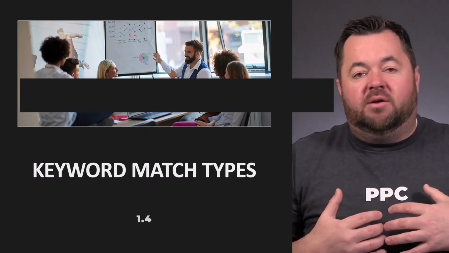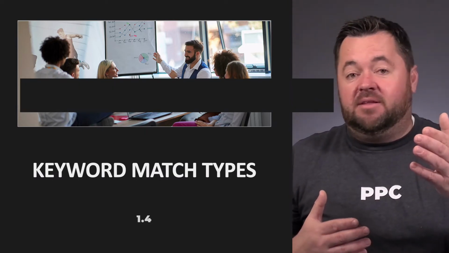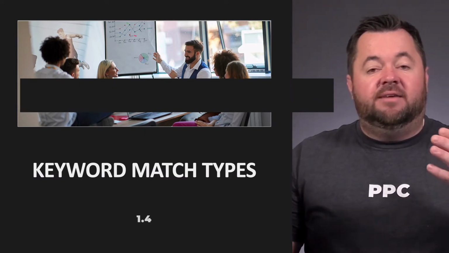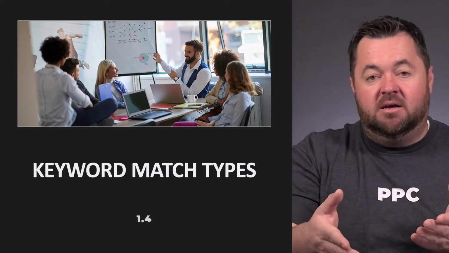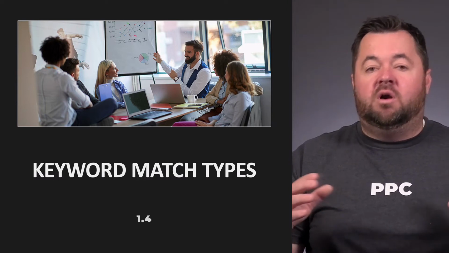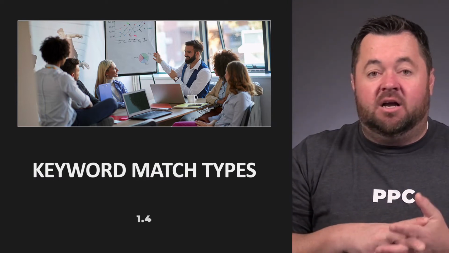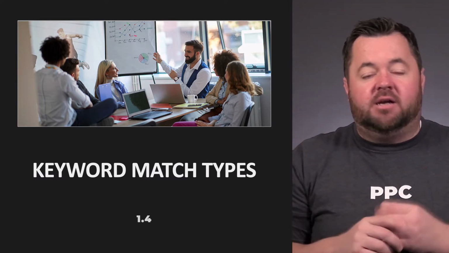What I don't like about that is if your ad is showing for something that's not relevant, it leaves it open for somebody to misinterpret your ad and click on it and cost you money, who's not really a customer, or maybe even accidentally click on it and cost you money, and again, they're not a customer.